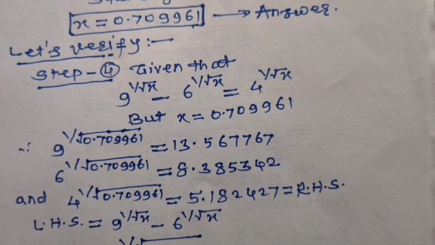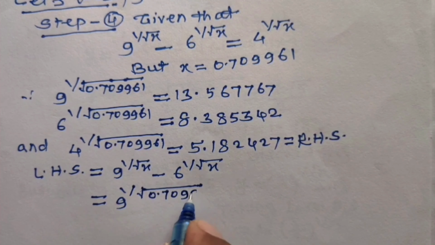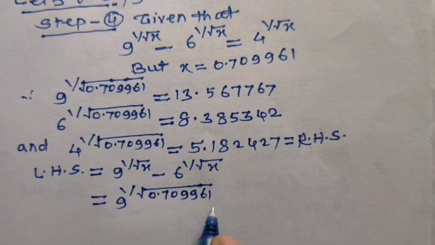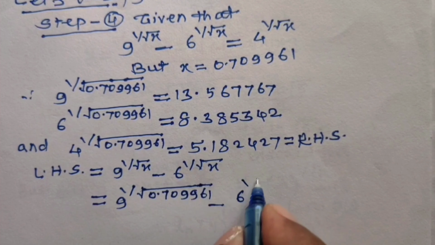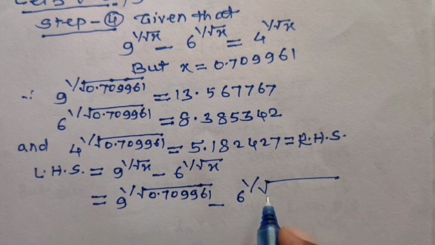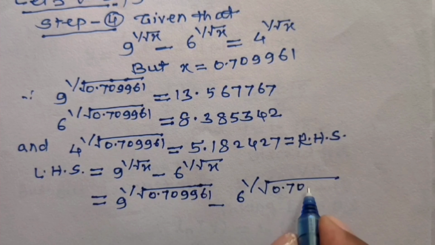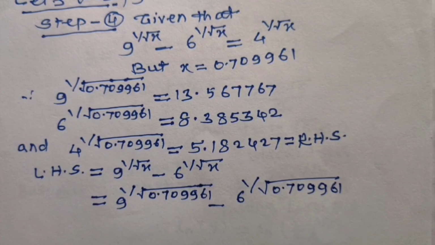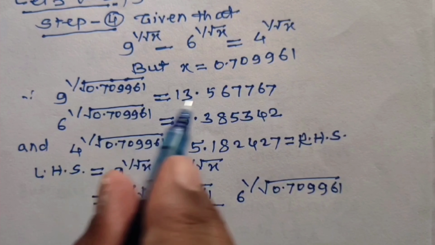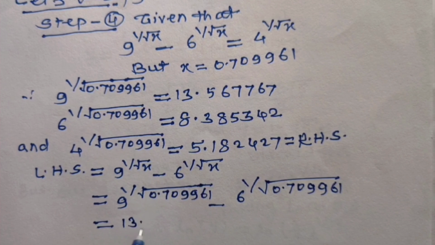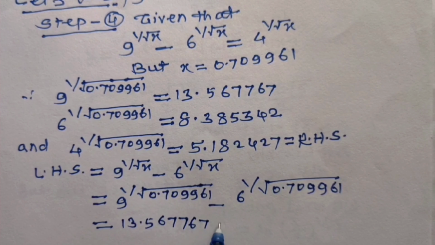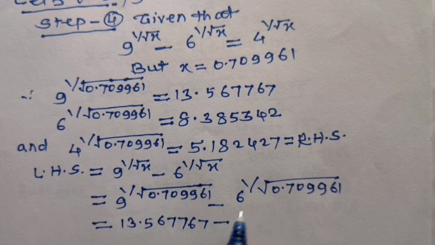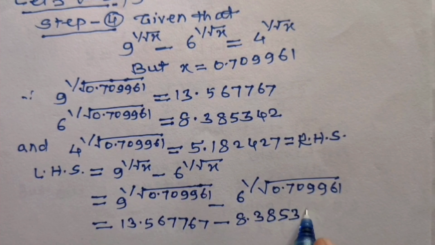These two values we have already obtained, so substituting them, LHS is equal to 13.567767 minus 8.385342.